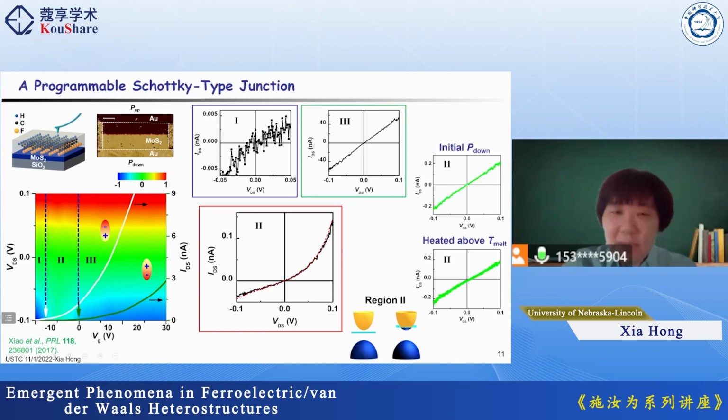We can further heat up the sample above the melting temperature to remove the domain structure, and you can see that it comes back to the original I-V, showing the process is indeed fully reversible, does not hurt the sample quality, and the junction state is indeed due to the domain writing.